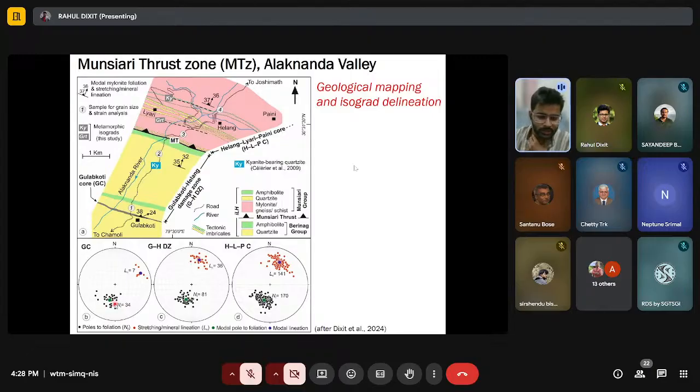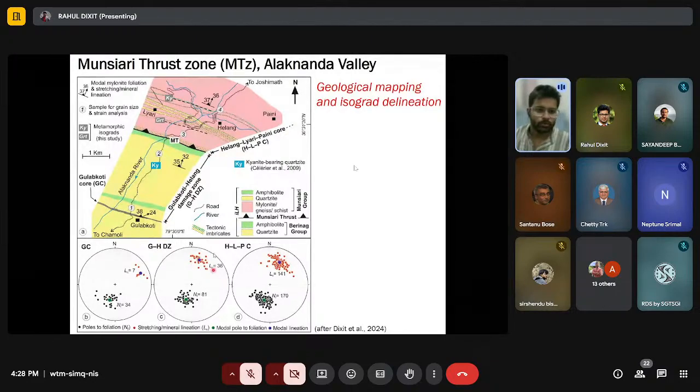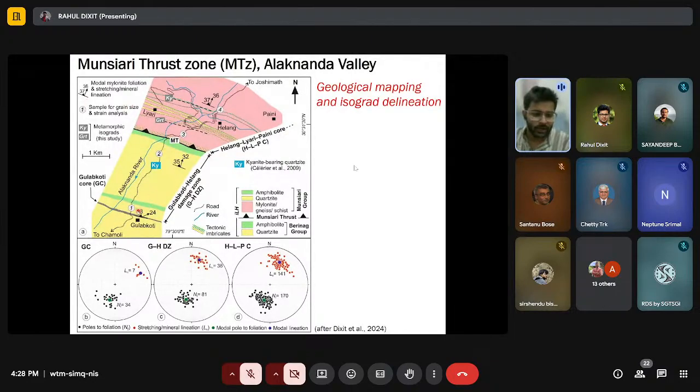The foliations essentially dip towards the northeast, along with northeast-plunging lineations. We also collected 4 samples across this Munsiari thrust, 1, 2, 3 and 4, for grain size and strain analysis that will be discussed in the coming slides.